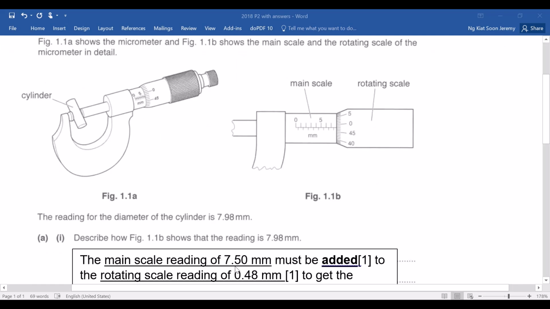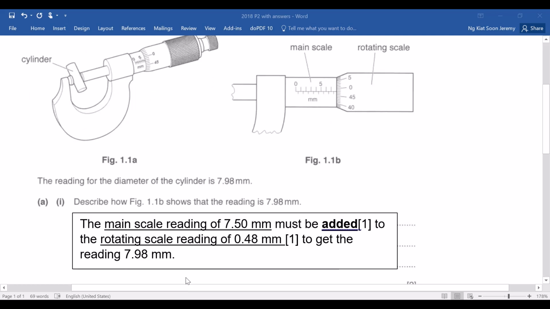I'll say the main scale reading is 7.5 mm, and this must be added to the rotating scale reading of 0.48 mm, to get the final answer of 7.98 mm. Note that the first part of my answer, main scale and rotating scale, these two words actually come from the diagram itself. The readings, of course, I must be able to read this scale and this scale to get these two values.